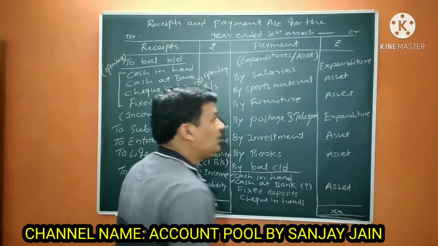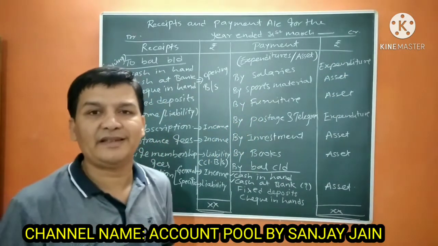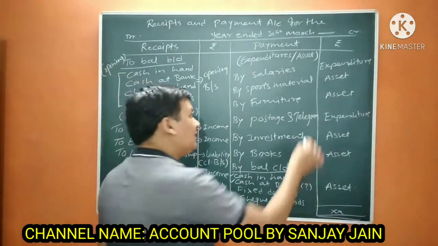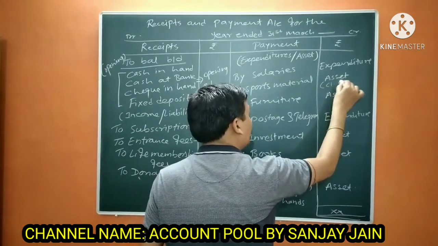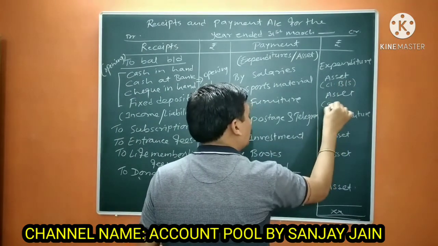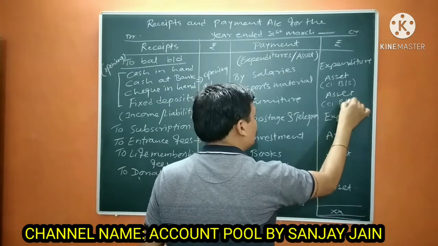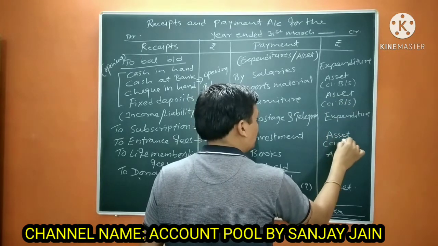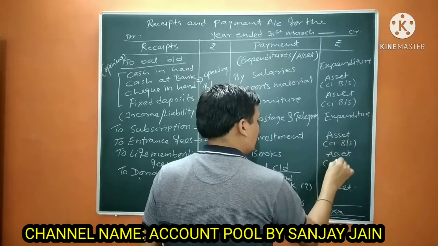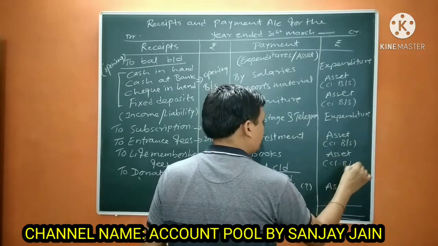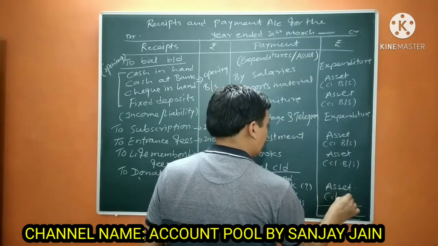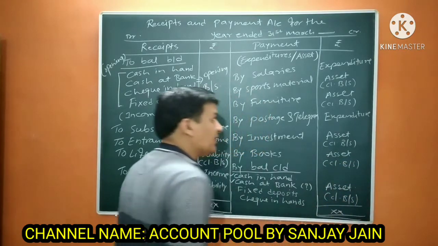When I am writing only asset, it is always closing balance sheet. This is going to be in the closing balance sheet because we have purchased in the current year. Closing balance sheet, closing balance sheet, closing balance sheet, and closing balance sheet. You should remember these things.